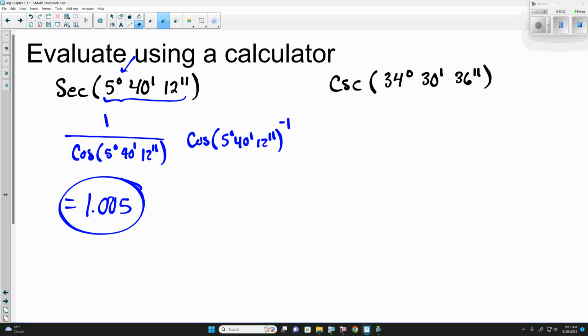Cosecant. Well, this is our sine. 34 degrees, 30 minutes, 36 seconds. And we could plug it into the negative 1.